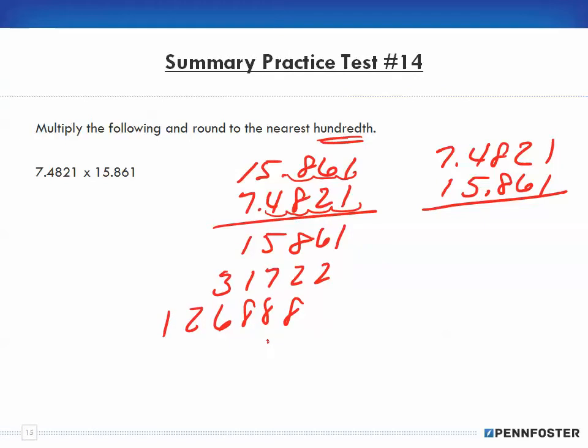Right, 4 times 1 is 4, 4 times 6 is 24, carry my 2, 32, 34, 3, 23, 2, 6, and finally 7, 42, carry my 4, 56, 60, carry my 6, 35, 41, 4, 11.